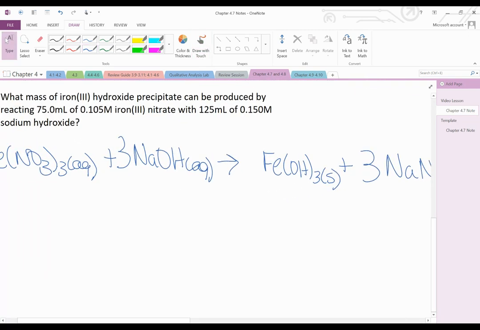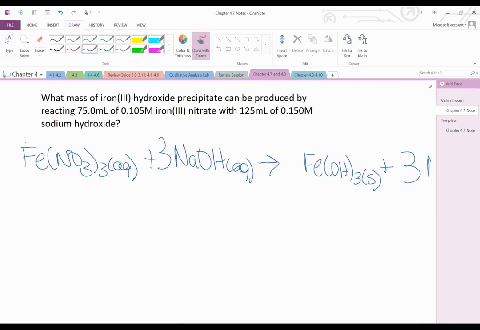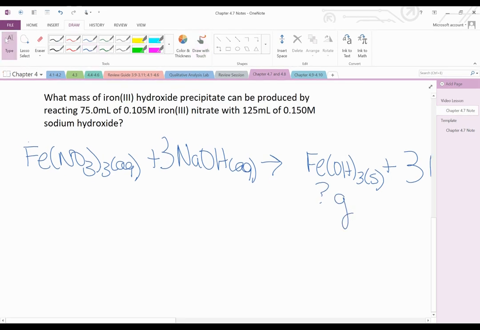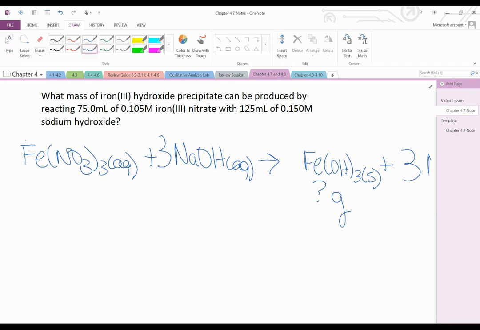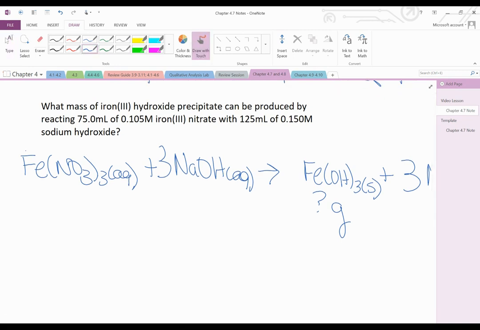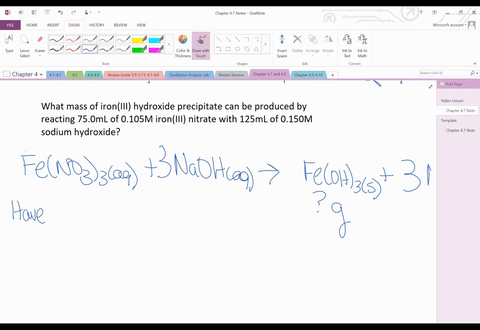And so the question asks, what mass of iron 3 hydroxide, so what mass of this, will precipitate if you have, so I'm just going to put an H for have. Okay, I can actually fit it in there.